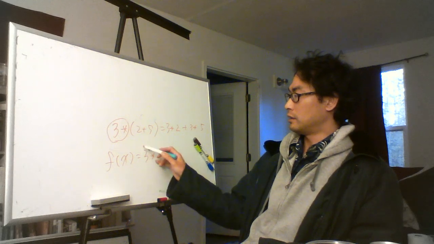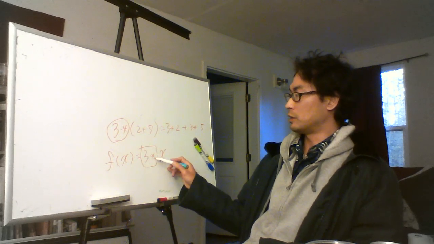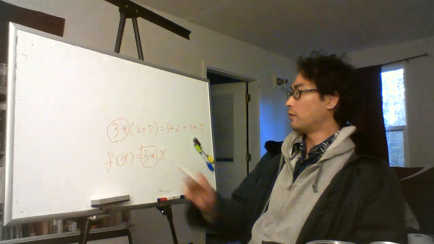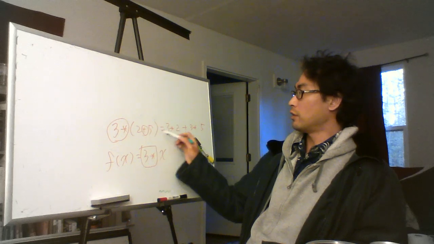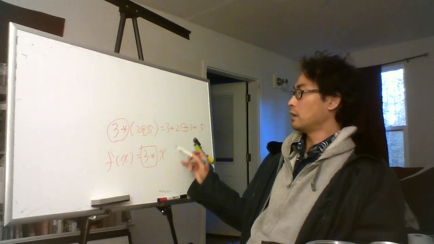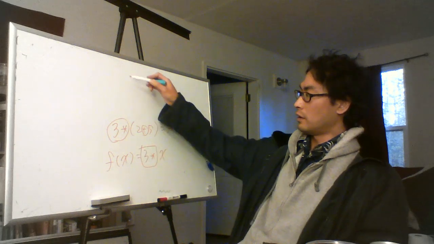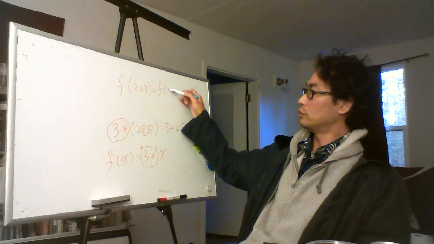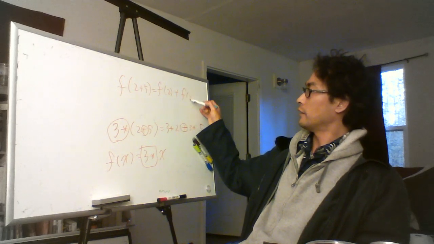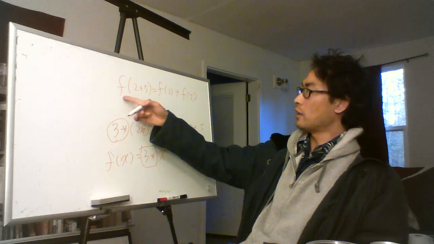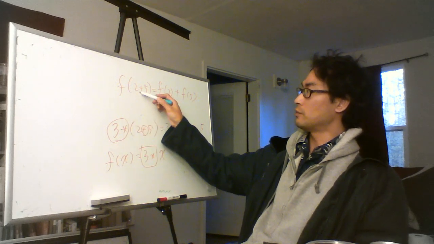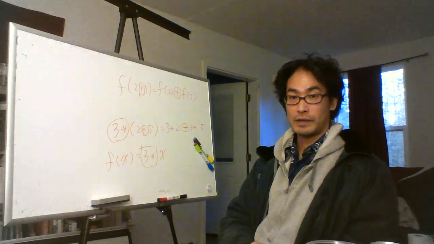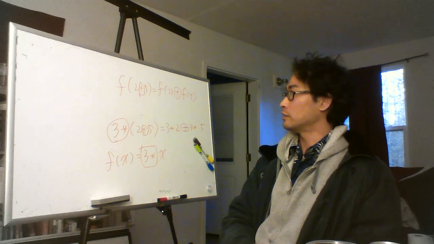So multiplying by 3 can be thought of as a function. So you have a function and you have operators here and operators here. This function f of (2 plus 5) is the same as f of 2 plus f of 5, right? So this function f is distributive in terms of this plus, and these two pluses are exactly the same operators.